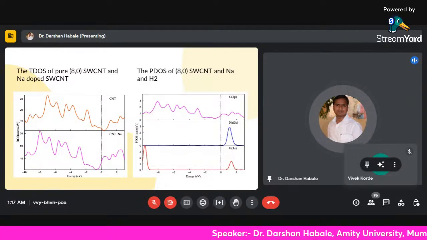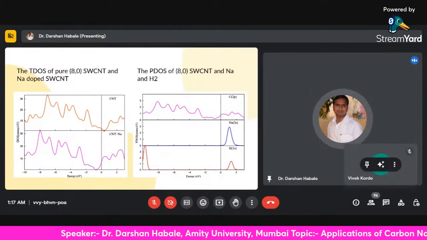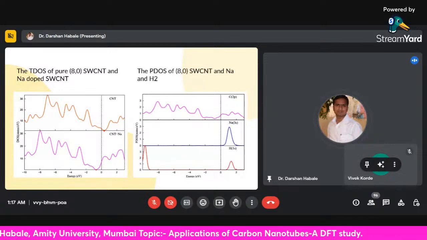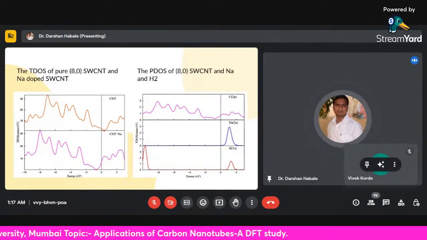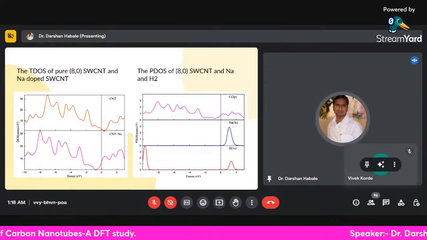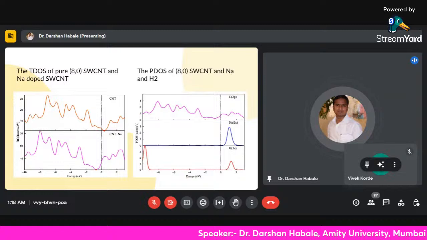So there is a shift in the graph of the density of states after adsorption of the sodium atom. And what happens if we dope the hydrogen molecule? If you try to adsorb the hydrogen molecule on sodium, that is, SWCNT Na.